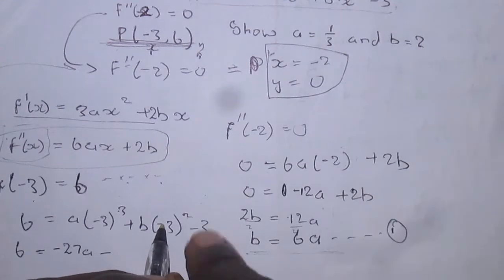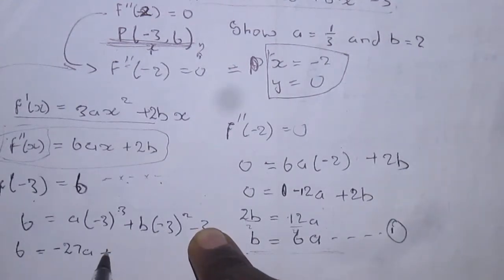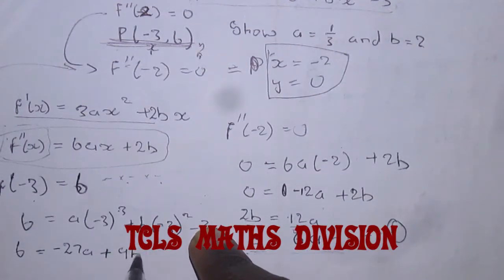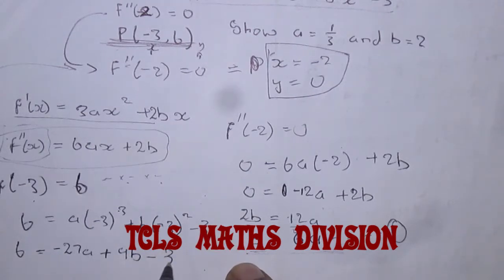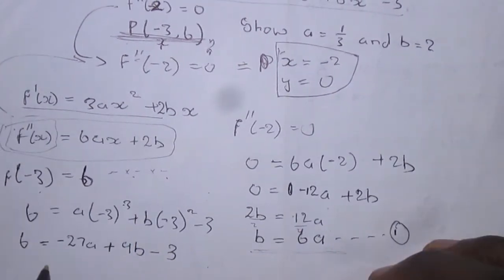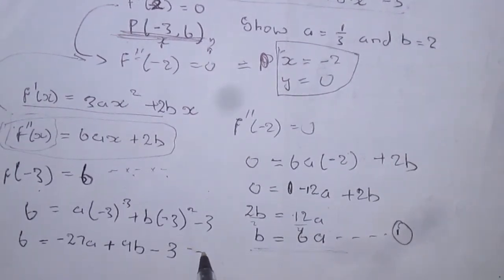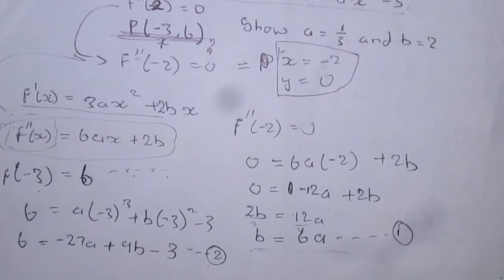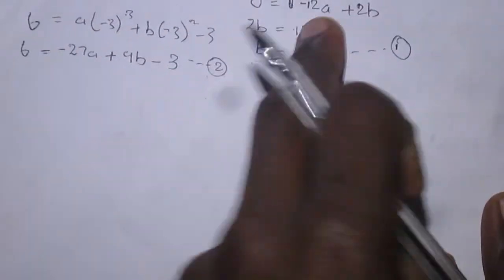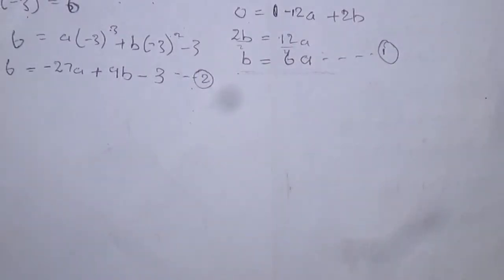Now negative 3 squared is positive, so plus 9b minus 3. You can call this your equation number 2. Now that you have equations 1 and 2, all you need to do is solve simultaneously for a and b.